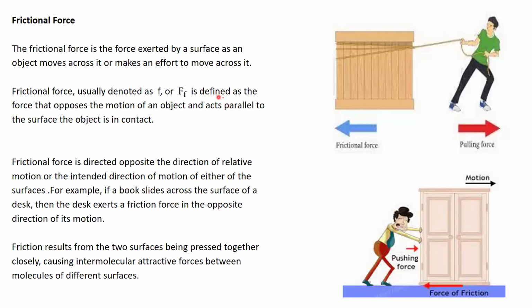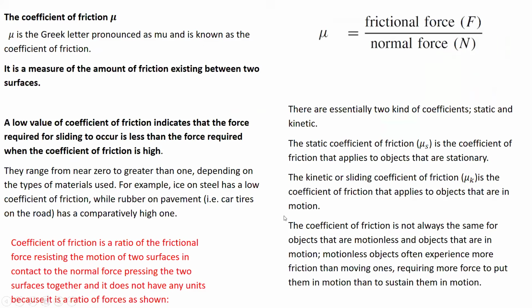It is defined as the force that opposes the motion of the object and acts parallel to the surface the object is on. Understand as well that frictional force is a good example of a typical contact force. The surface and the object must be in contact for friction to take place.